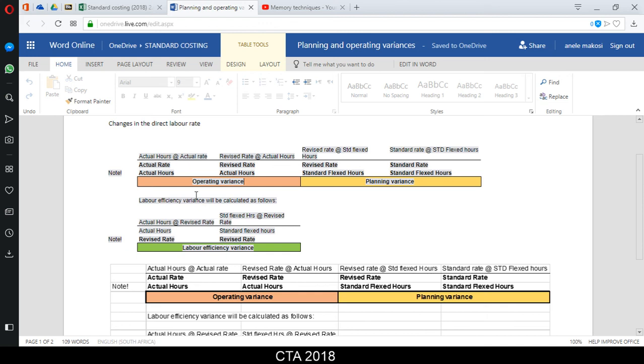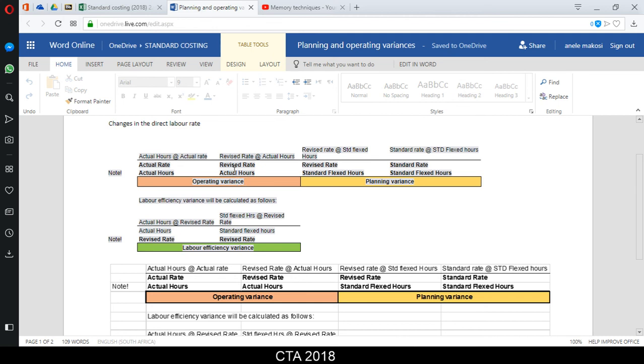Now the actual rate, we have the actual rate here, and we have the revised rate, and the actual hours and actual hours, they are the same. It's common. So we get an operating variance here.